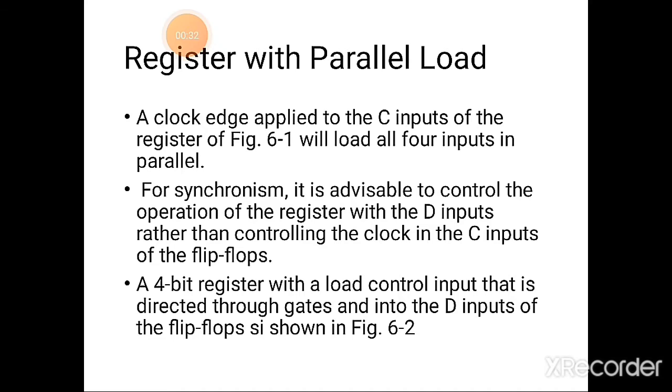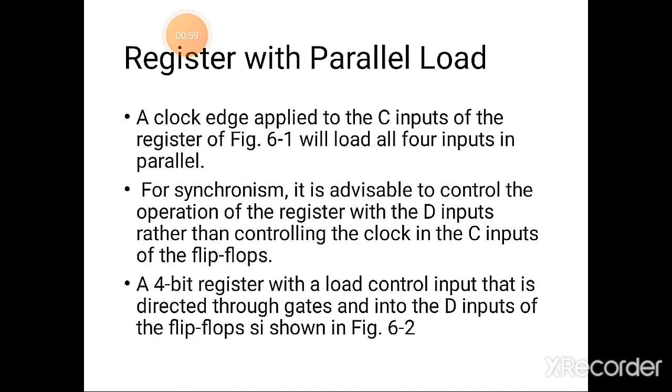When a pulse is applied to the CP input of a register, it loads all the 4 inputs in parallel. That is known as parallel loading. A clock edge applied to the C input of the register of figure 6.1 will load all 4 inputs in parallel.